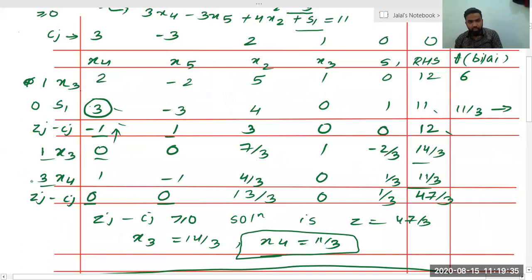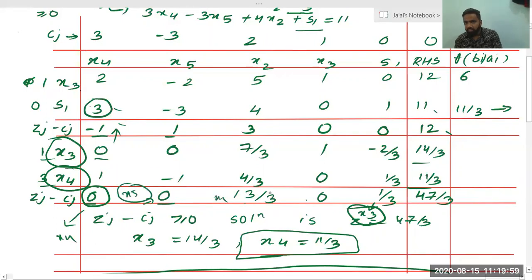Now I want you to look at this thing. What are my basis variables? x3 and x4. Now if you remember, this is my x4, this is x3, and this is my x5, and this is my x1 and this is my x2. I hope you remember.